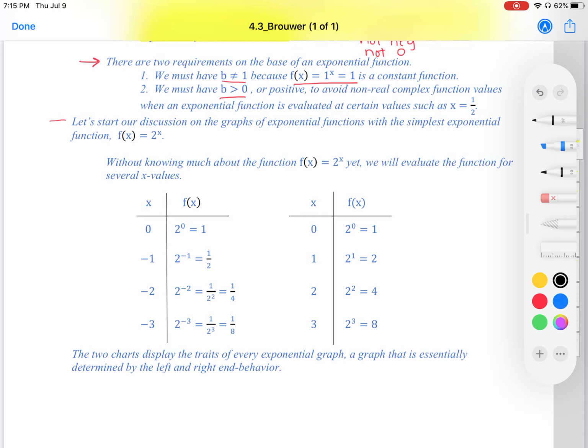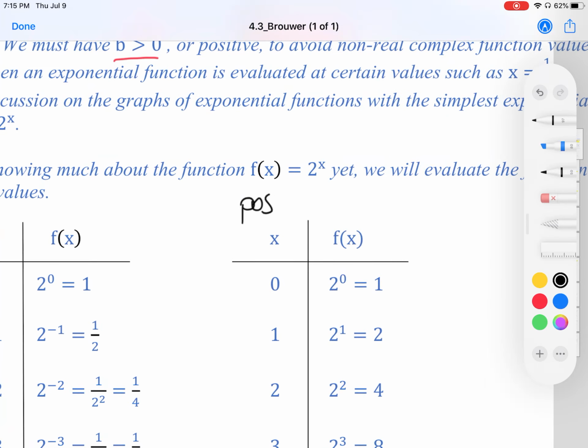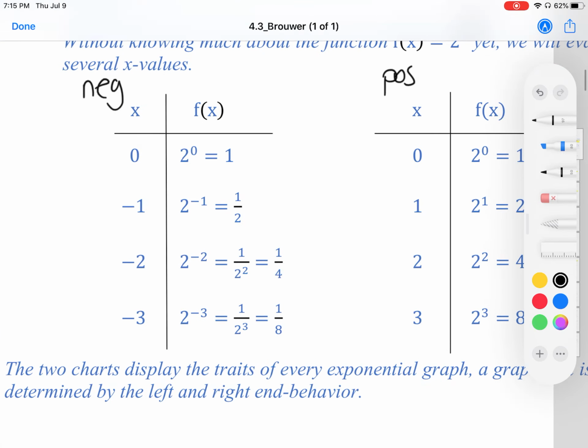Let's go ahead and use a chart so we can just see what we'll get. Let's make a list of negative values and a list of positive values. So this is going to be our x value. We're going to replace x with the numbers we chose to be x. So we chose the numbers 0, -1, -2, and -3.